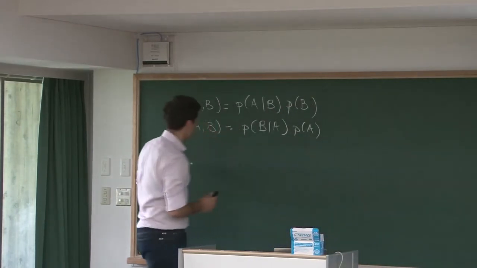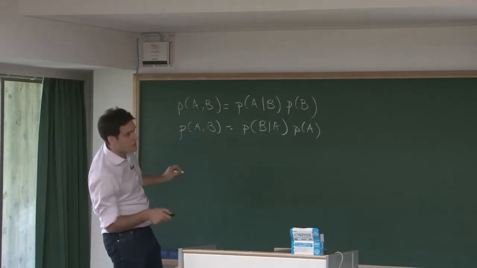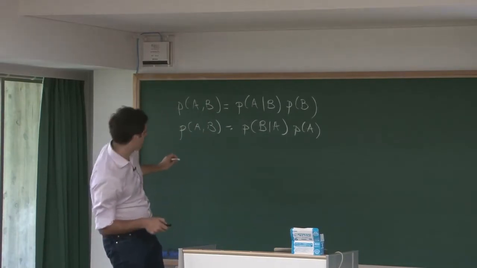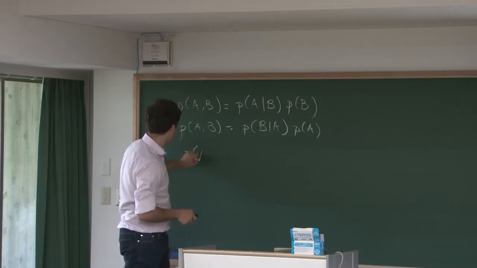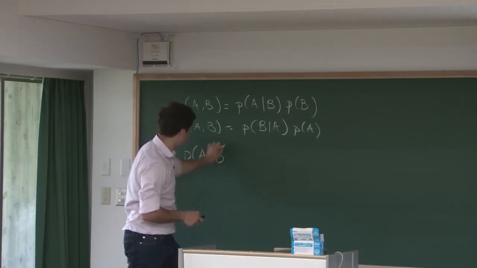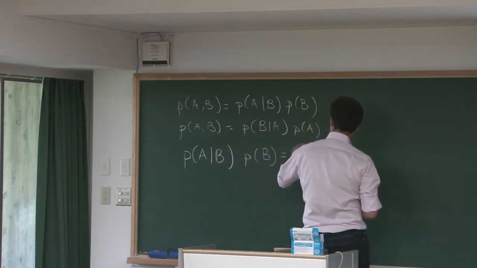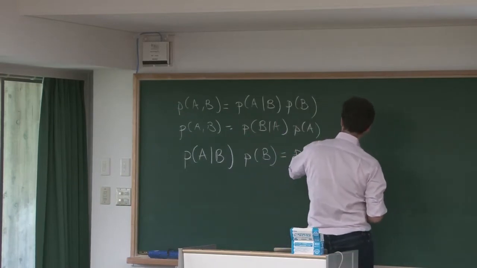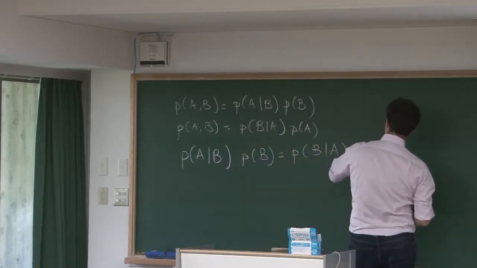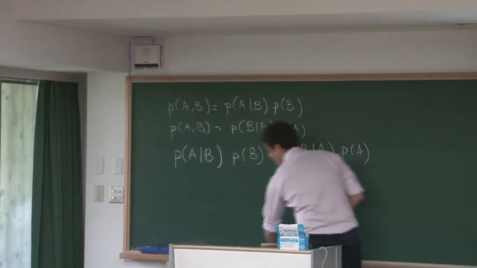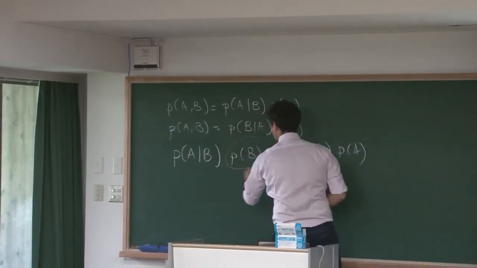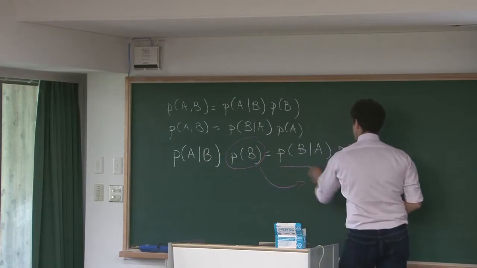We have simply that the probability of A knowing B times probability of B is equal to the probability of B knowing A times probability of A. So you just take this and put it here.